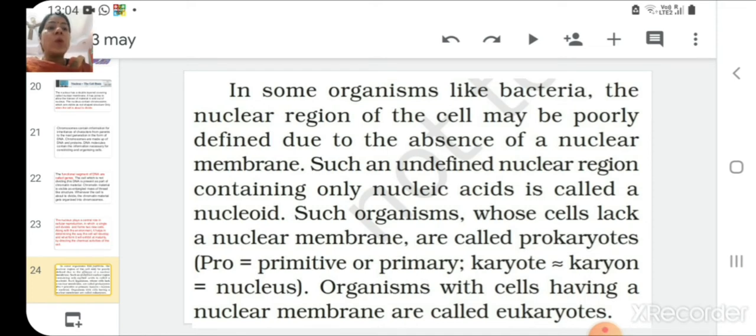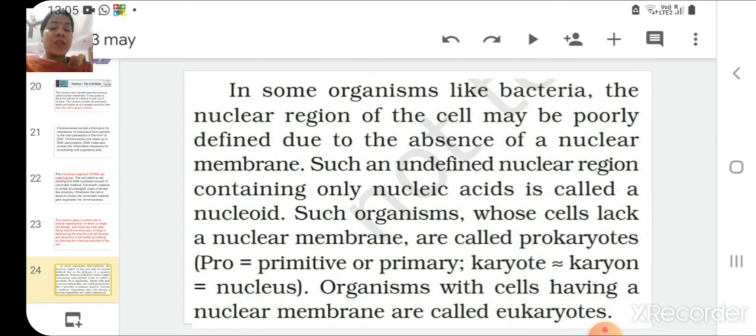Such organisms whose cells lack the nuclear membrane are called prokaryotes. Children, it is very important to note here what the differences are between the nucleus of prokaryotes and eukaryotes. We are eukaryotes. Our nucleus is defined in a nuclear membrane. It is very well packed and arranged.